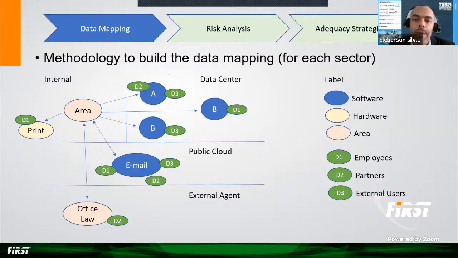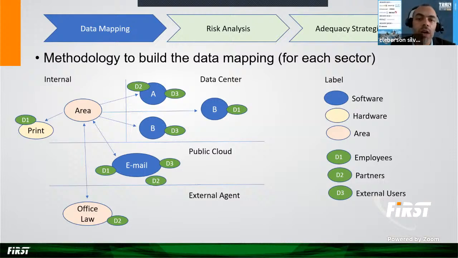As you can see in this illustration of a data map, I can show you the methodology used. According to the legend on the right side, the blue circles represent software, yellow circles represent hardware, and light orange represents the areas or departments.